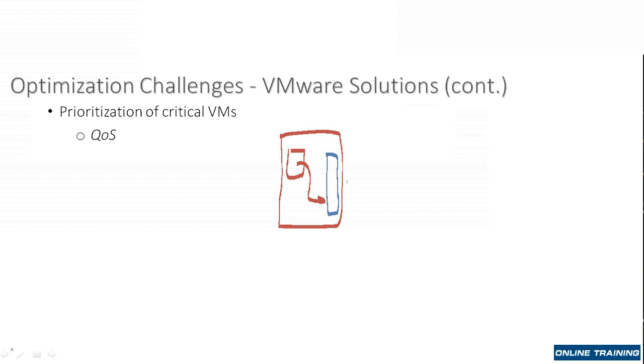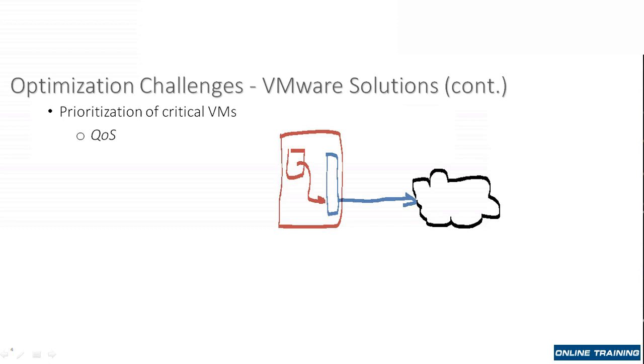In that vSphere distributed switch, I can identify a quality of service policy that will append a value to that traffic, a quality of service value. So as that traffic leaves my ESXi host and starts to move out into the physical network, which we'll just represent by a cloud looking shape here, that quality of service tag that's been appended to it is going to govern how important that traffic is, right?